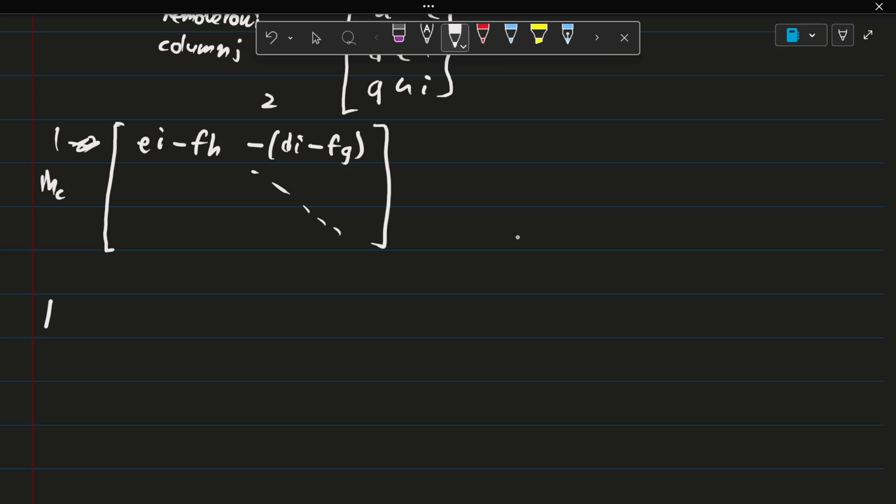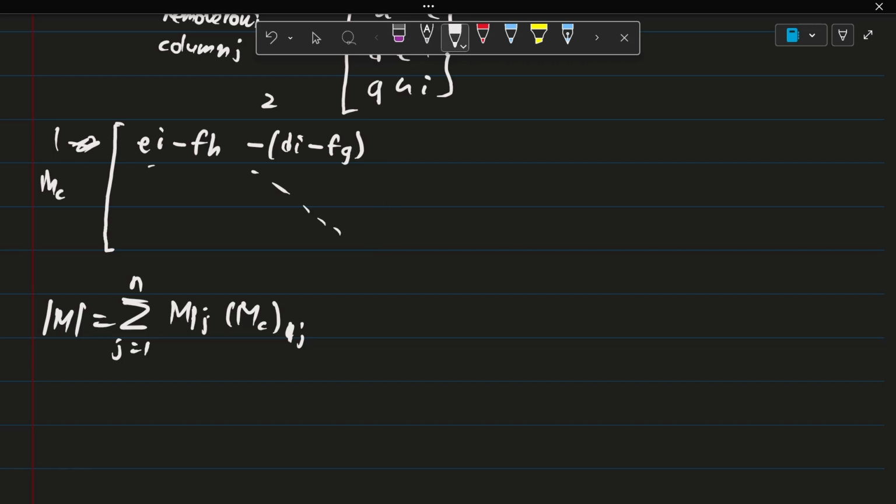So the determinant is defined to be the sum over j equals 1 until n, and this only works for square matrices anyway. It's the sum of M_1j times C_1j. So what does this mean? You just take the components of the first row. Let's do another part here to make it complete: DH minus GE.